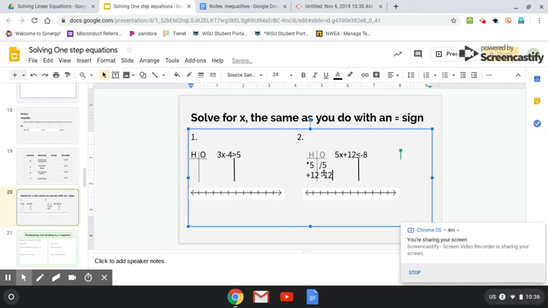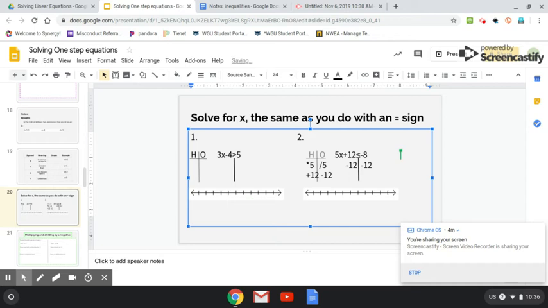So now I need to do the opposite, starting with my addition and subtraction. Remember, you have to do it to both sides. Instead of adding 12, I'm now going to subtract 12 on the left and the right side of that inequality, and I'm going to rewrite what I have left over. 12 minus 12 is 0.